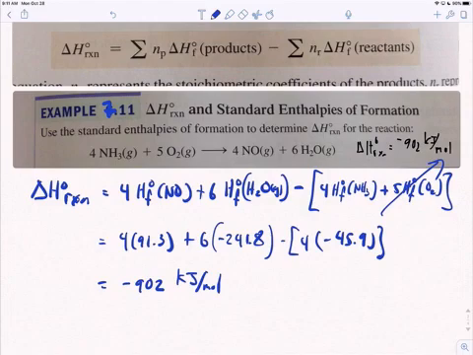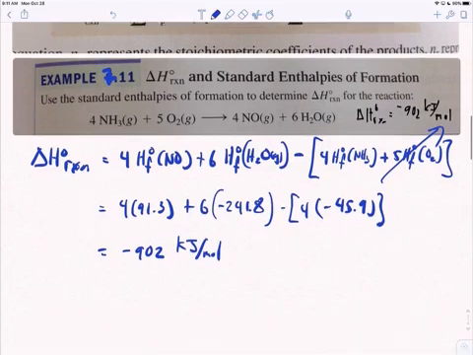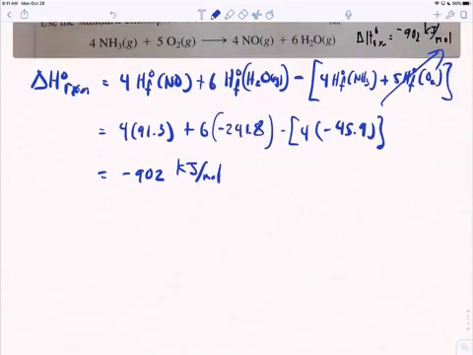All of these are based off of something standardized. Can you imagine if every single time someone said, well, we found this, but we don't know what it means, so we have to test it and figure it out? Someone has already done this work for us, it's right there, and now you just have to know how to use it. That's what you're doing here, figuring out how to use it.